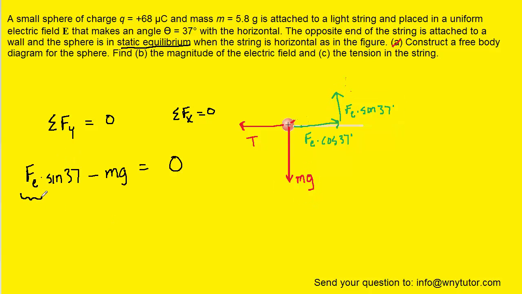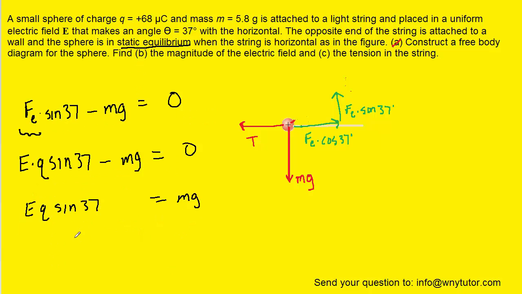We will next recall that the electric force is equal to the electric field multiplied by the charge. And so we're going to replace Fe with that expression, electric field times the charge, and then we'll fill in the rest. Now we're trying to solve for the magnitude of the electric field in part B, so we have to add mg over to the right side, and then divide both sides by q sine 37.